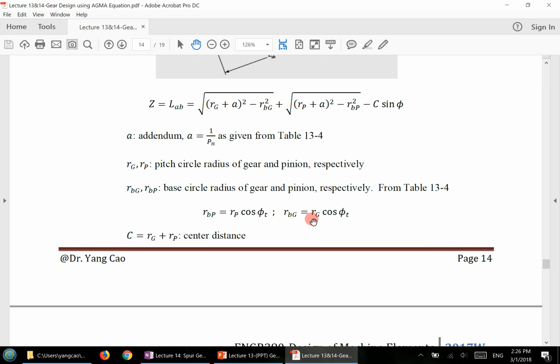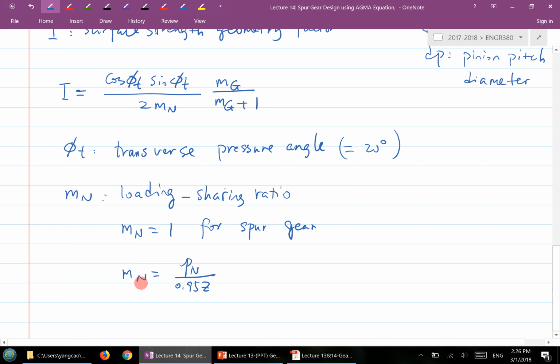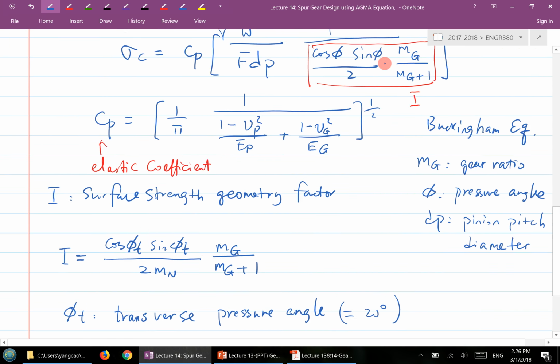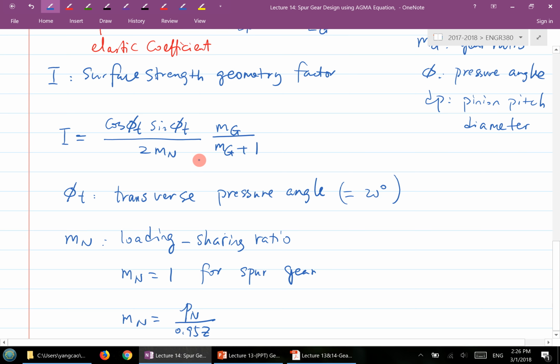All of this has been coded into the Excel. If you choose a helical gear for your project, there is an Excel template for the helical gear, so you don't need to worry too much about typing the formulas right or wrong. That's the difference between the basic equation and the equation in the AGMA here, and that's the I value.